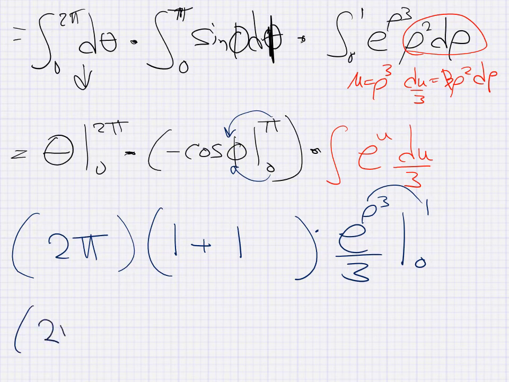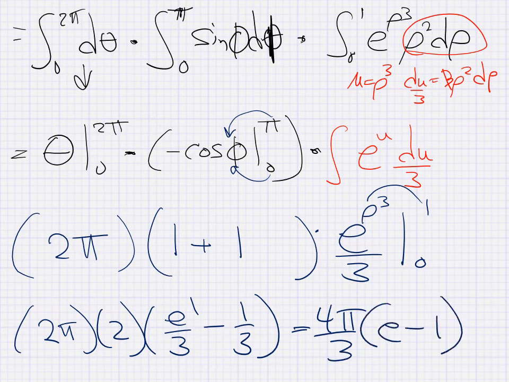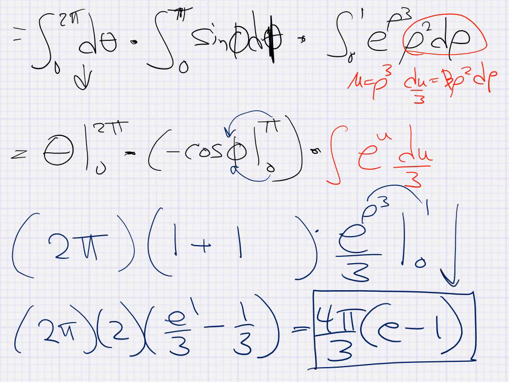So I have 2 pi times 2 times e to the first over 3 minus e to the 0, which is 1 over 3. And so we could write this as 4 pi over 3 times e minus 1. And so that would be the triple integral that we were working with before, but switched to spherical coordinates.